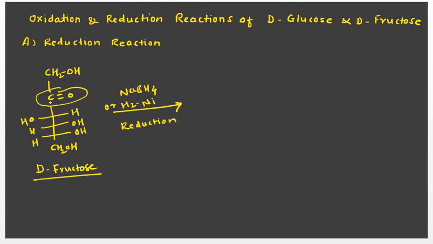What will happen? The carbonyl group is going to convert into a CHOH group. Now here there are two possibilities: either this C double bond O group is reduced in this way or in this way.